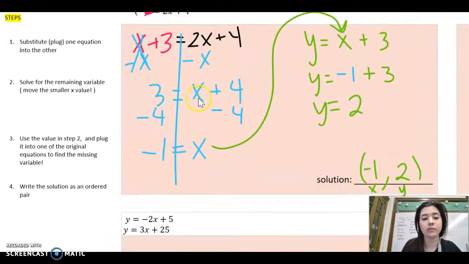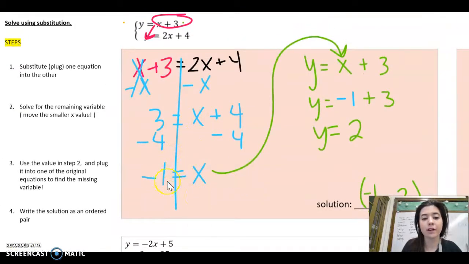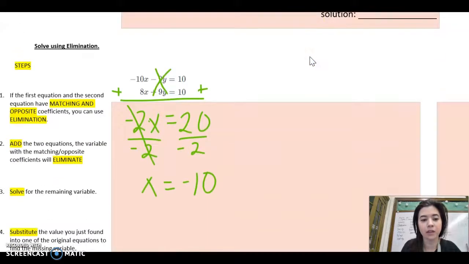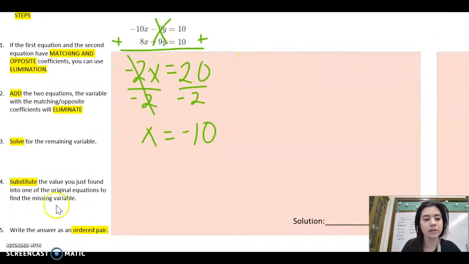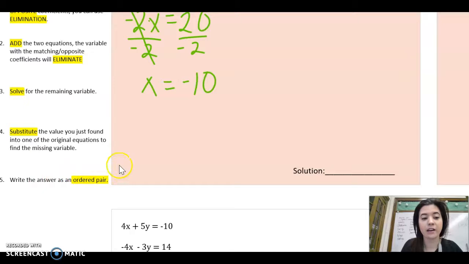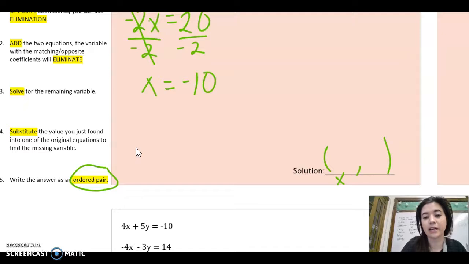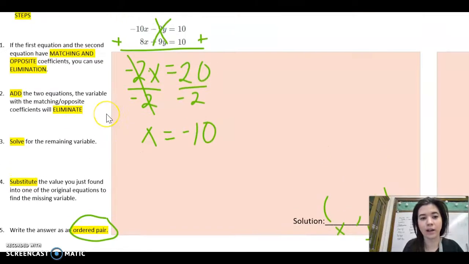And then just like with our substitution problem, once we have our x value, we plug it back in to find our y. Same thing here. We have the value that we just found, and we're going to substitute or plug it back into one of our equations to find the other missing thing. Again, our problem isn't solved until we write this as an ordered pair, which means I need both x and y.